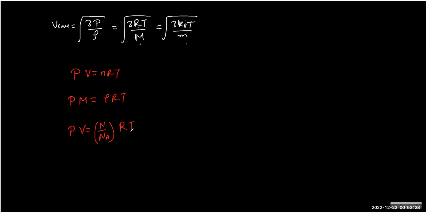We can also define the small n in two ways: count upon Avogadro count and mass upon molar mass. Both are the same definition, right? I hope you can understand this simple calculation.